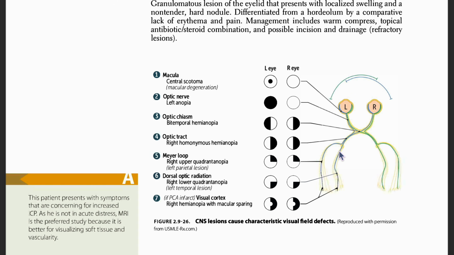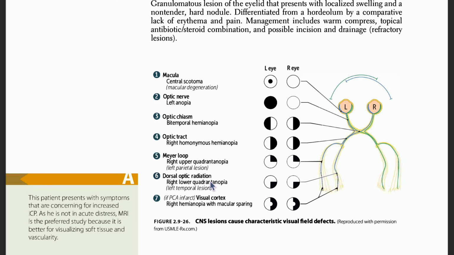Or hold on, no. Since it's on the top side, if we consider this the bottom and this the top, then it's on the top side, and if it's on the left, then the right quadrant is the one that's going to be affected. Here it's at the bottom, so the bottom one's affected, and it's on the left, so the right quadrants are going to be affected. This is called right upper quadrantanopia, left parietal lesion. Okay, so if you have a parietal lesion, that's the one.